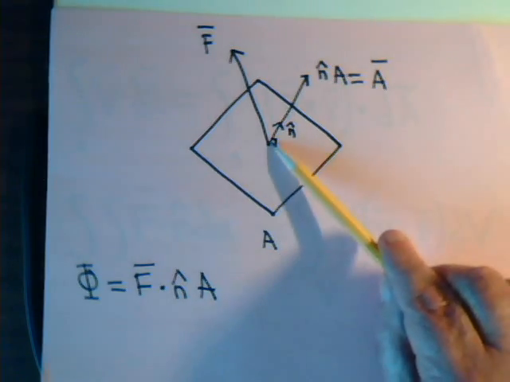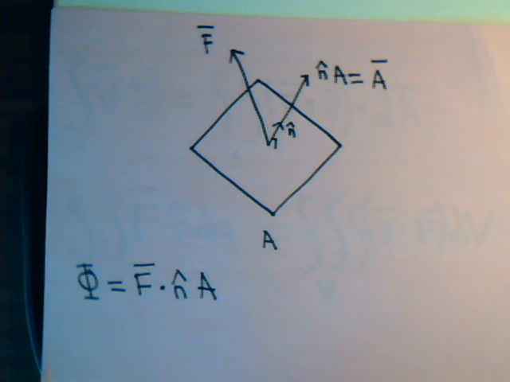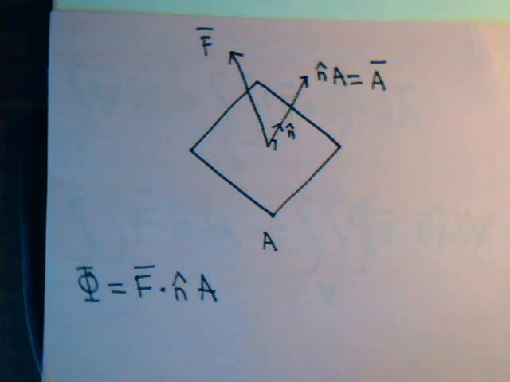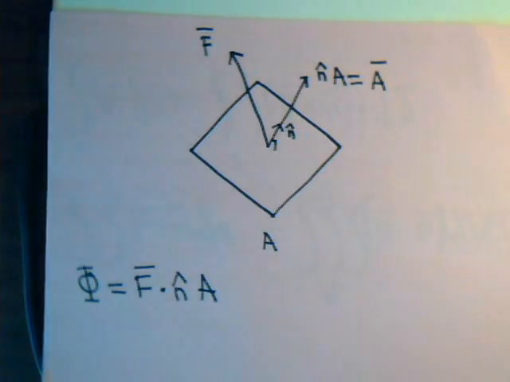And again, it's perpendicular to that surface of area. Then imagine that we have a vector f, and we want to find its components along the area vector. Of course, the way we would do that is just take the dot product. And that's what's called the flux. So it's a pretty straightforward concept.